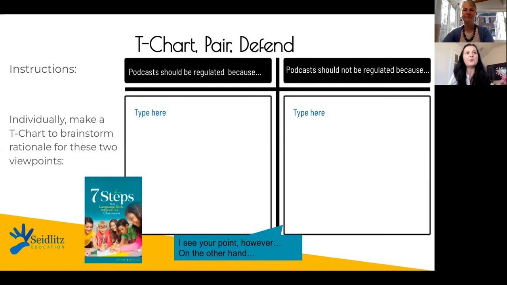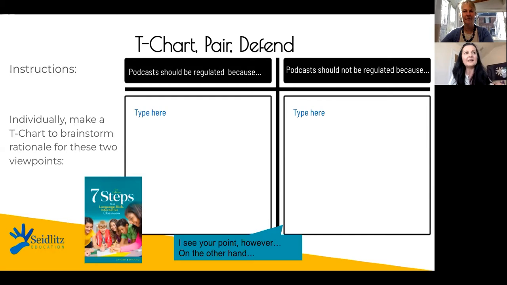Okay, so here's what this would look like. Let's say, for example, we listen to the podcast that was on, should podcasts be regulated? Okay, so as a class, we listened to it, or I had them listen to it individually. Now we make the T-chart together. And as a class, we're going to brainstorm, should podcasts be regulated?